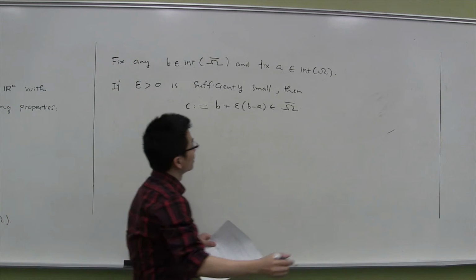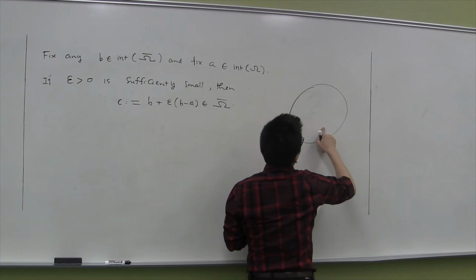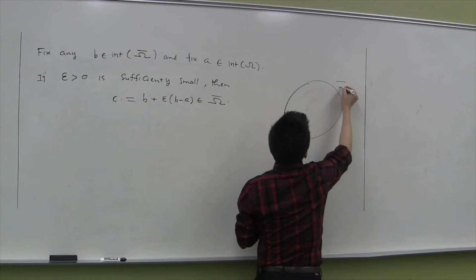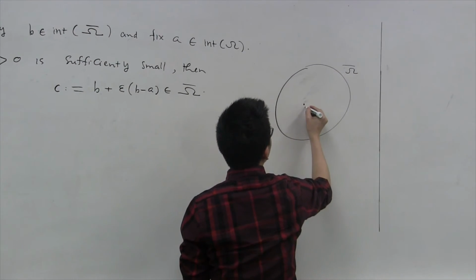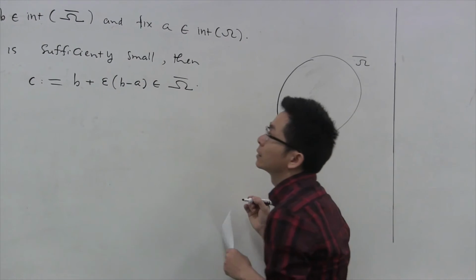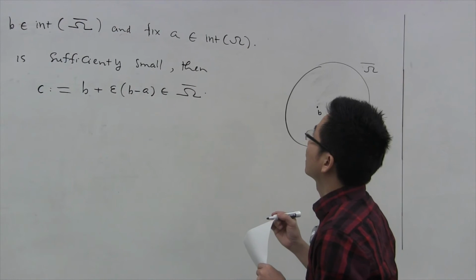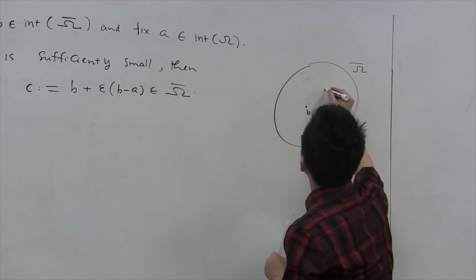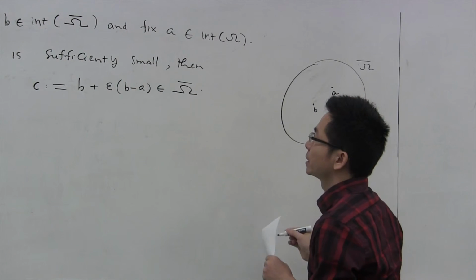Okay, so this is the closure of omega, and B belongs to the interior of the closure of omega, and A is in the interior of omega.